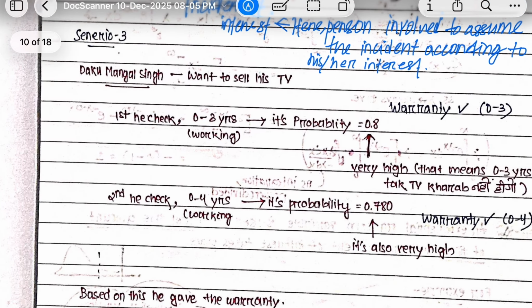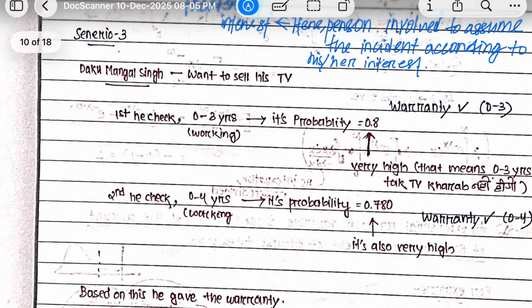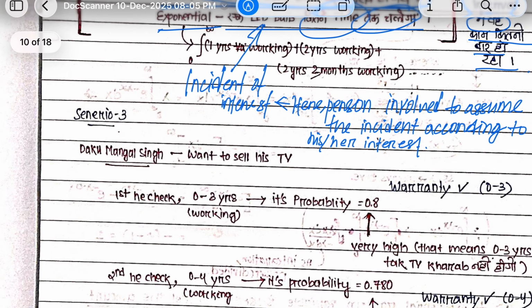Taking another example. Here the incident of interest is this: we are hired by a company and we want to check and give the warranty of some TV, and we want to sell the TV ahead of the other two companies.